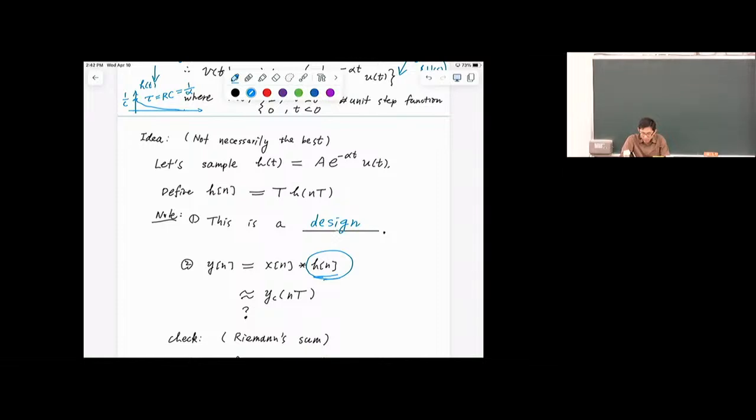For any discrete input, we are going to convolve that input with our impulse response in discrete time. This is already a design.